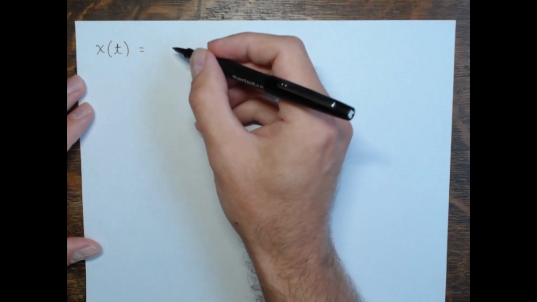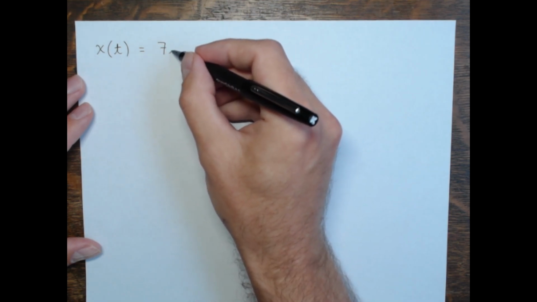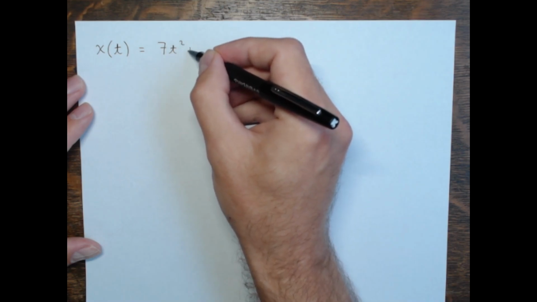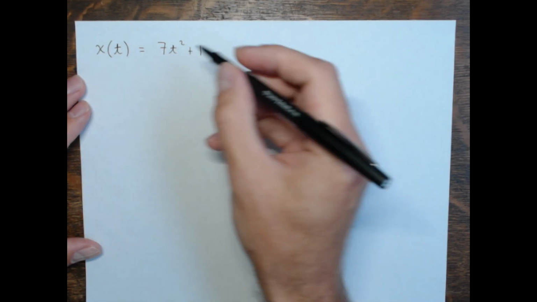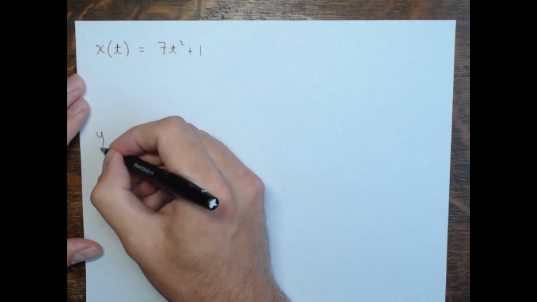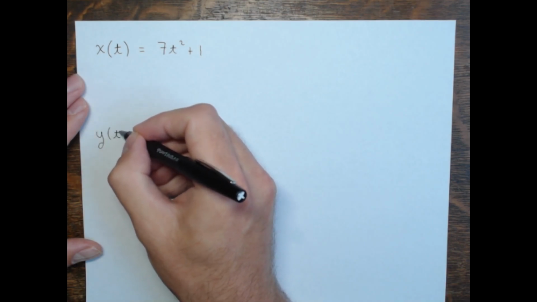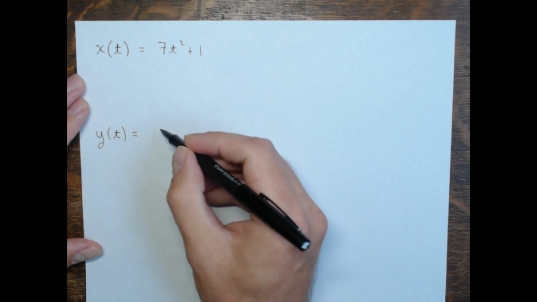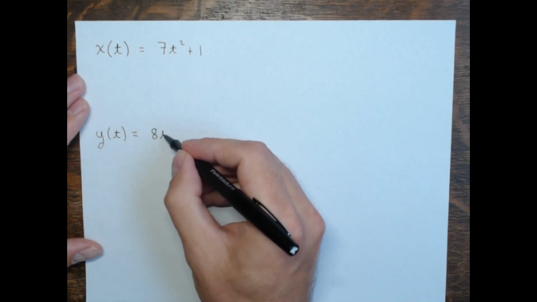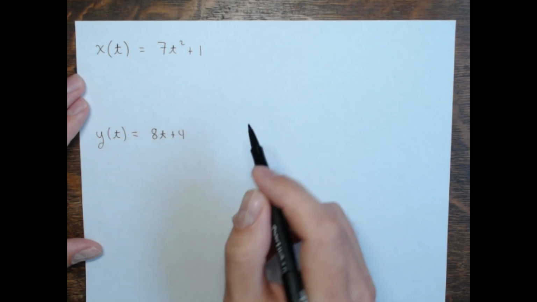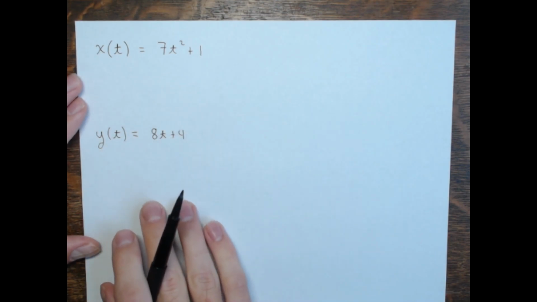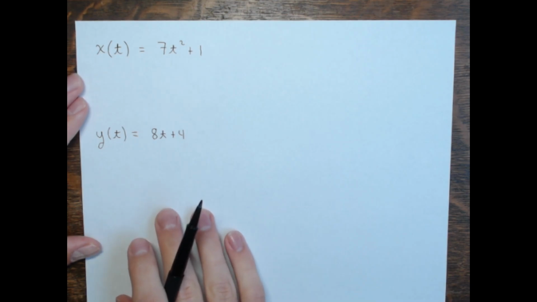So the x coordinate in terms of t we said was 7t squared plus 1, and the y coordinate in terms of t was 8t plus 4.